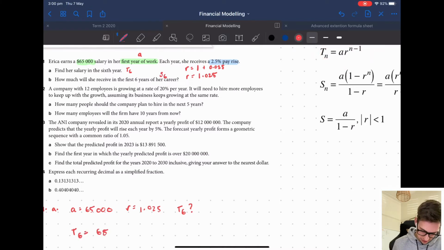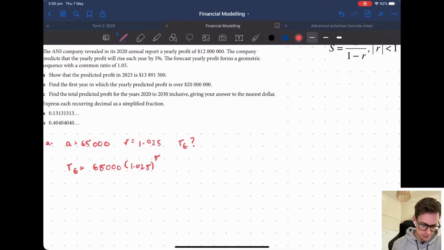I'm going to go 65,000. I'm going to put my rate in brackets because I always like to do that. That way I can't screw up my powers. And then my power is n minus 1, so 6 minus 1. I'm just going to write that as 5. Okay, and then we're just going to pop that into our calculator, and we are going to get 73,541.53383, blah, blah, blah.